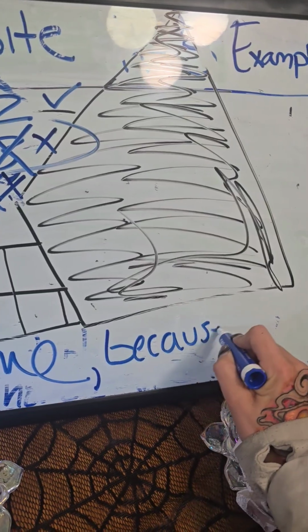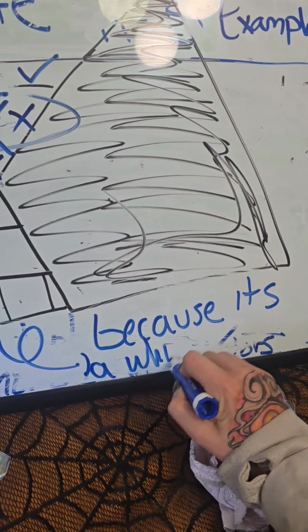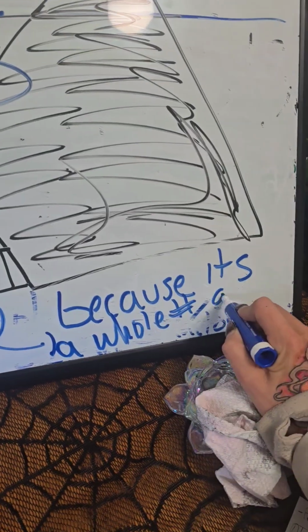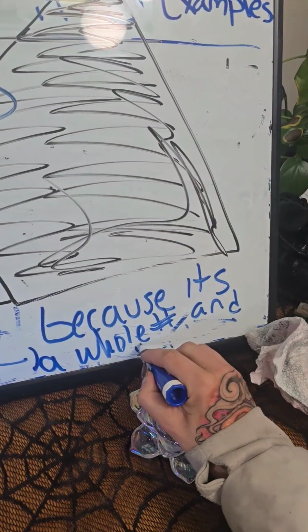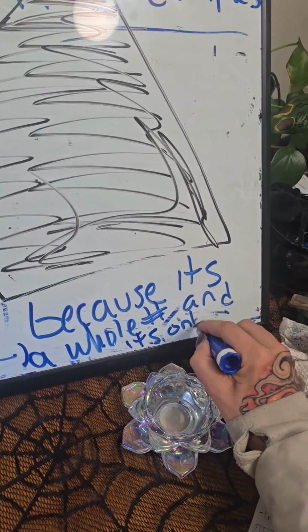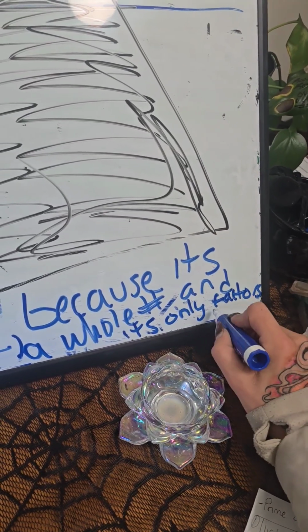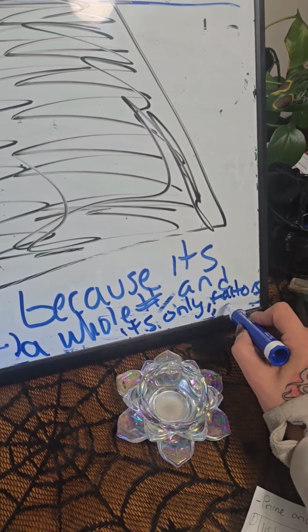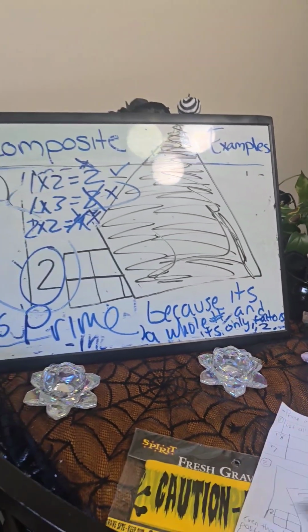because it's a whole number and its only factors are 1 and itself. In this case, 1 and 2.